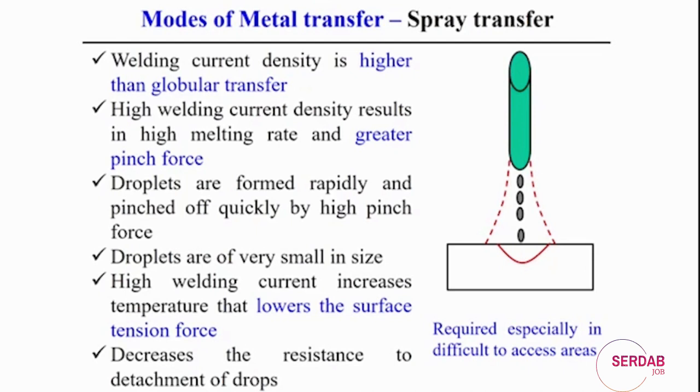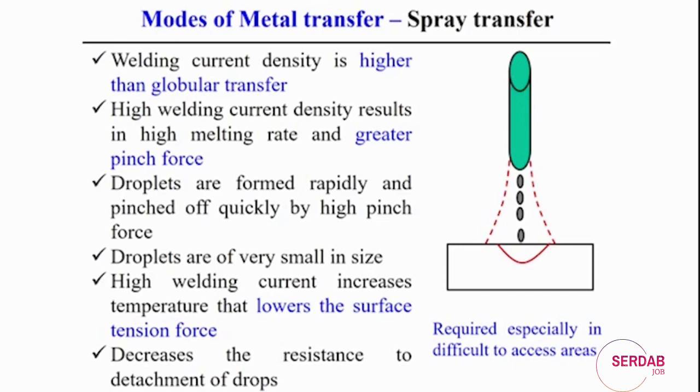This type of droplet transfer is specifically important when some intricate part needs to be welded. For that type of component welding, the spray transfer is the more preferable condition.